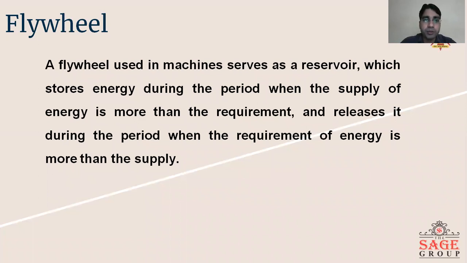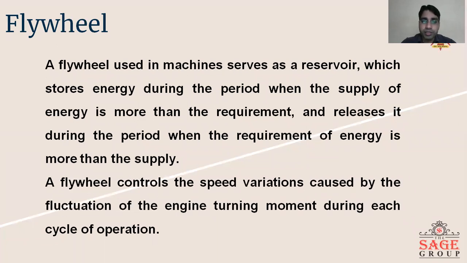A flywheel used in machines serves as a reservoir which stores energy during the period when the supply of energy is more than the requirement, and releases it during the period when the requirement of energy is more than the supply. The flywheel controls the speed variations caused by the fluctuation of engine turning moment during each cycle of operation.